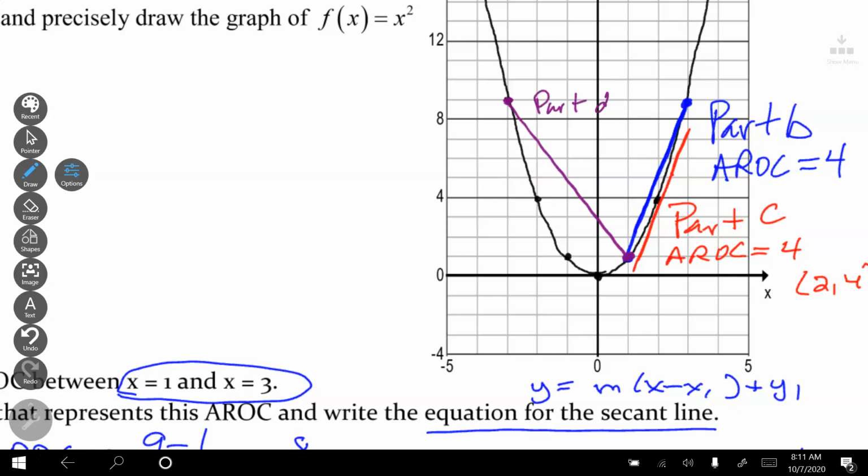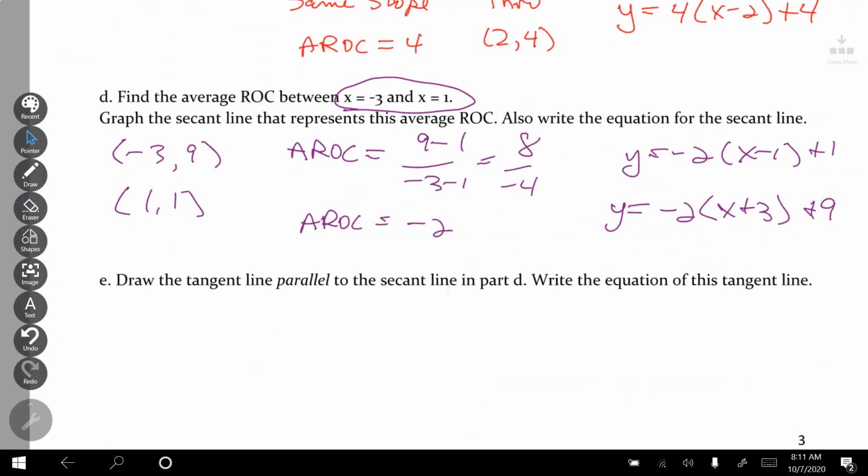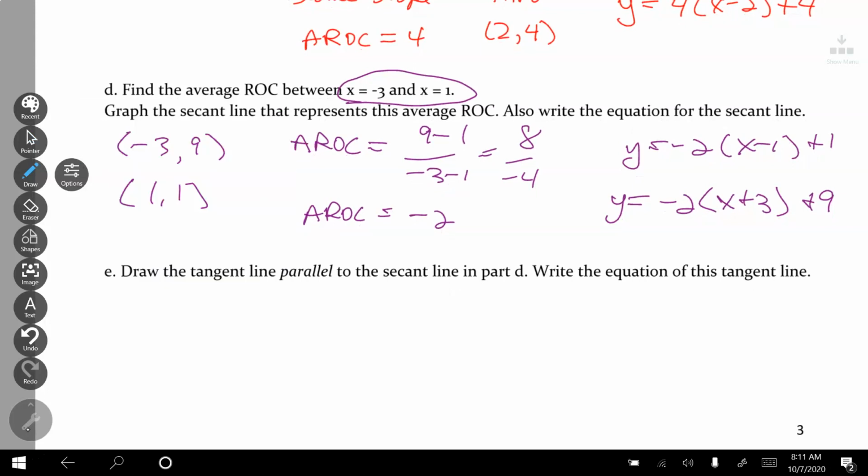And here is part D, where my average rate of change is equal to -2. And then for part E, I'm doing the tangent line that is parallel. So again, my average rate of change is going to equal -2.